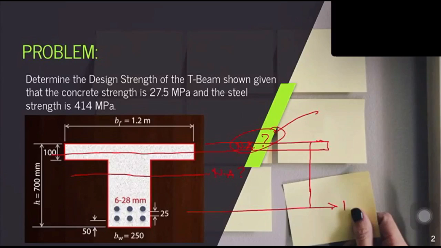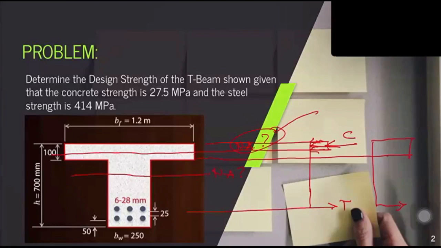So this is the tension. Ito is compression. While pag nasa baba yung NA, magiging dalawa yung compression mo. Meron sa taas. So it will be carried out with the whole flange.